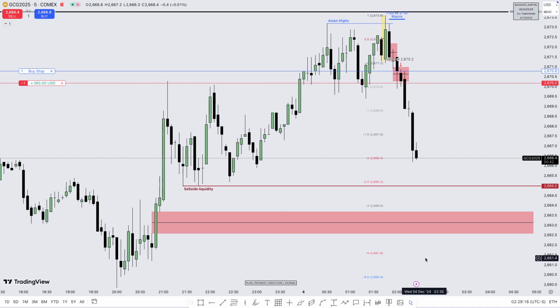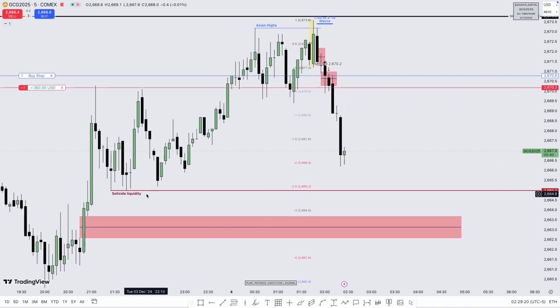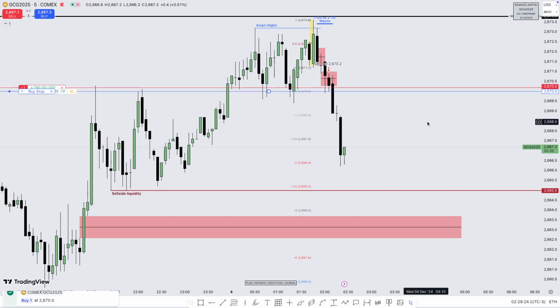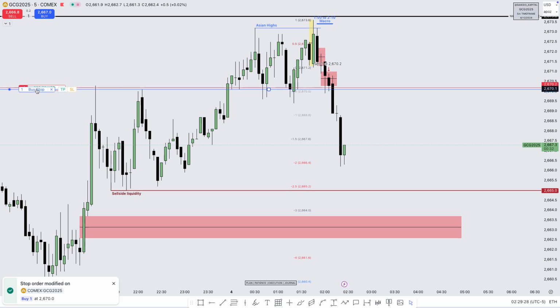But I also like these relative lows here. Now it's gonna be a risk-free trade. Let's put it just right here because I'm looking at that fair value gap.